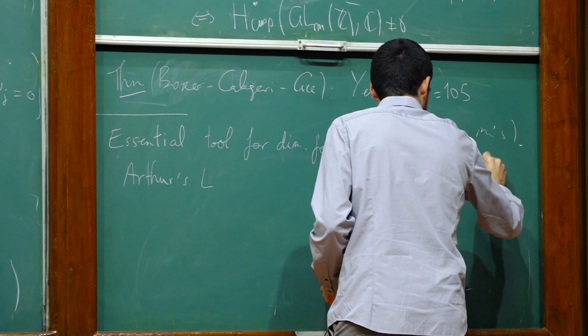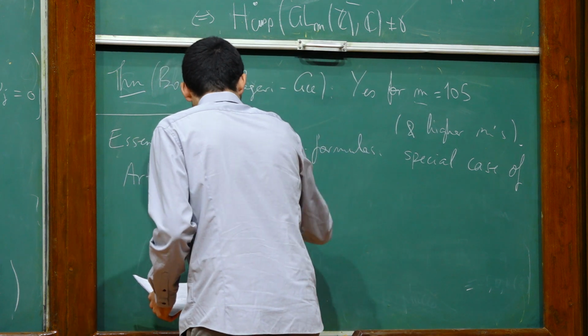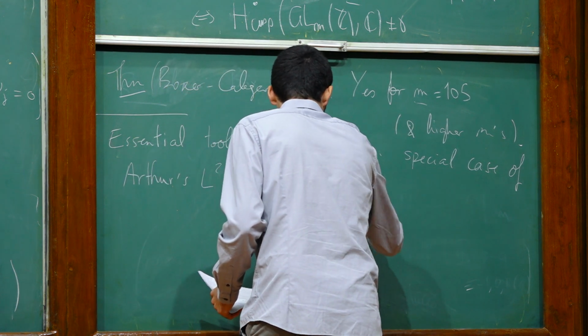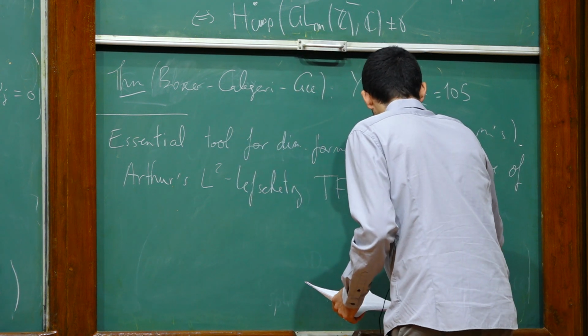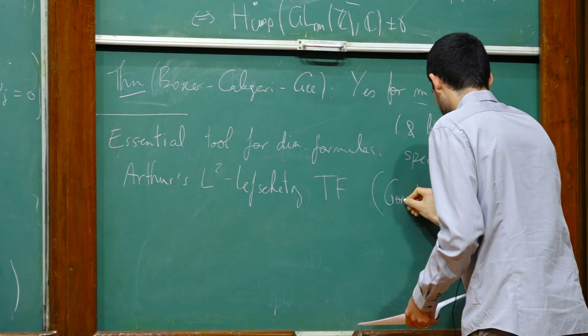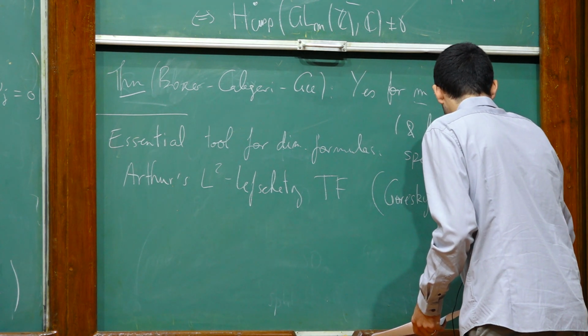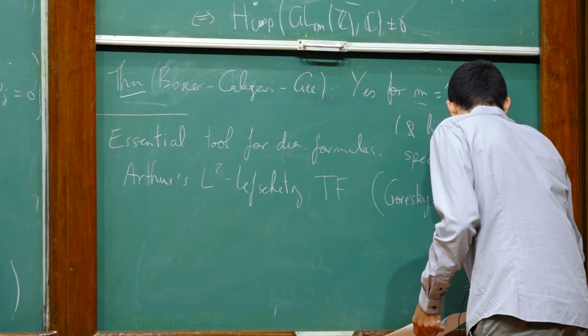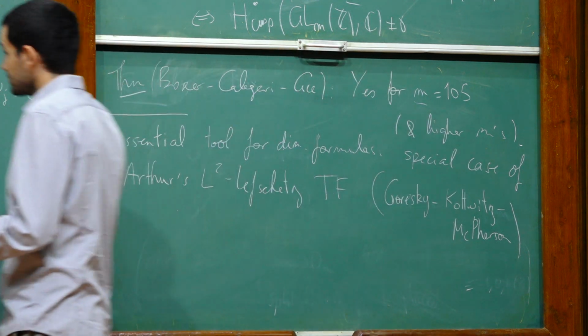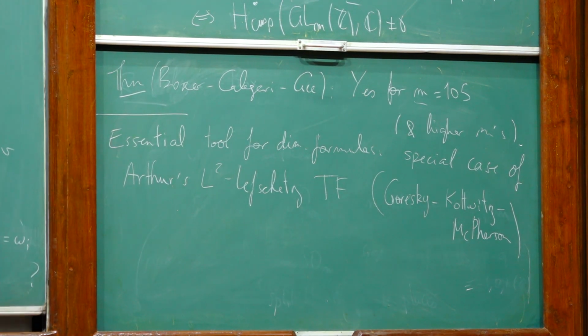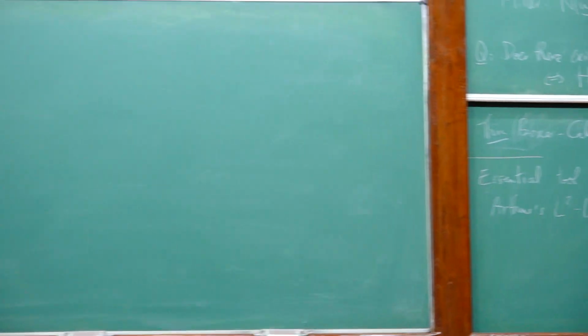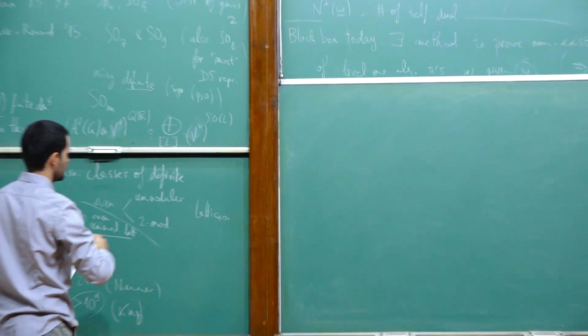So that's a special case of Arthur's L2 trace formula, and alternatively you could use, that's the same formula but with a different proof, the formula of Goresky, Kottwitz and MacPherson. And using this particular formula is important to really go beyond the case that was handled by Tsushima.